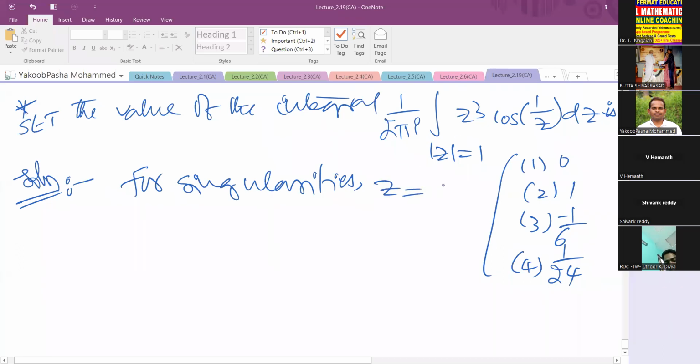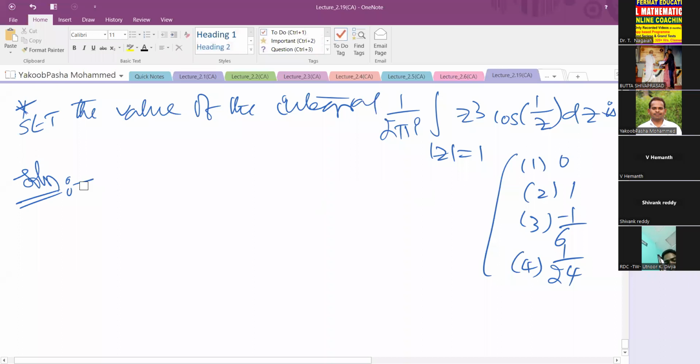So z is equal to 0, and it is a pole of order 3. Otherwise, let us do another thing: first simplify this term.